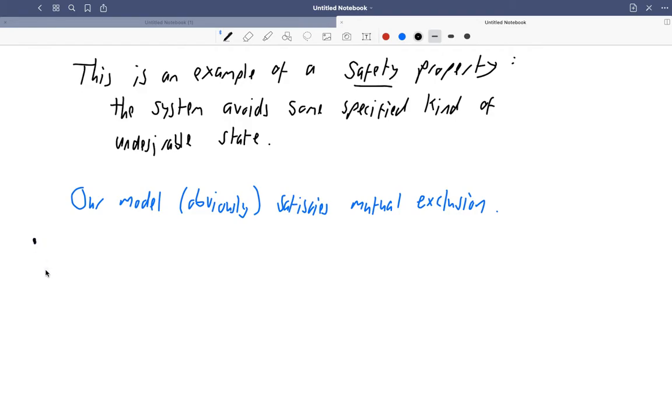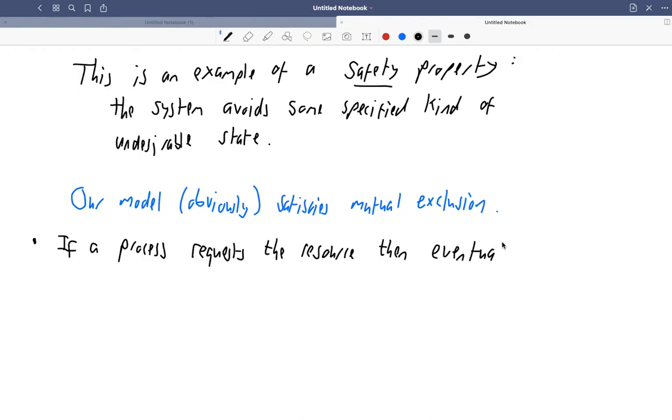So the second property is that if a process requests the resource, then eventually the request is satisfied.